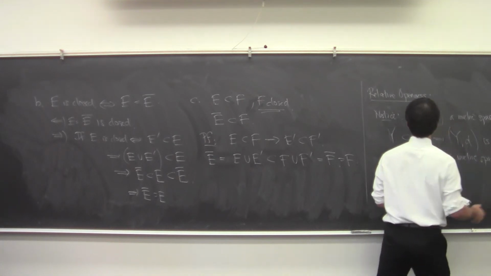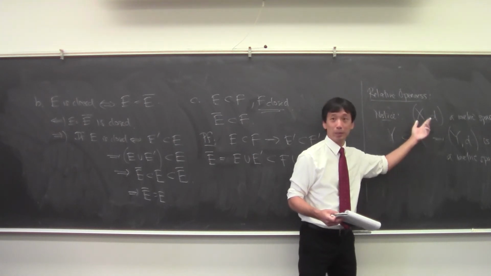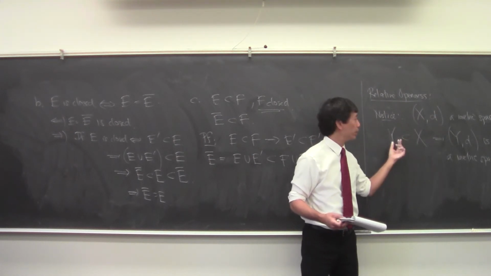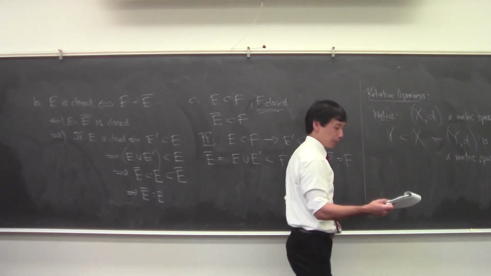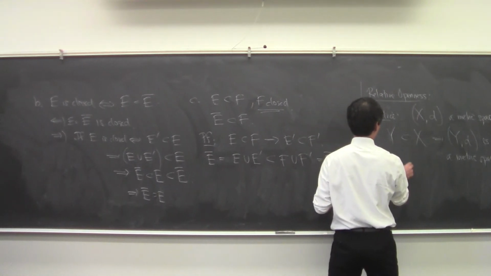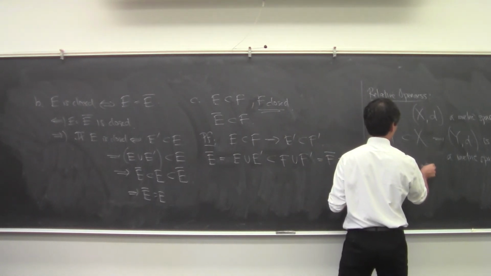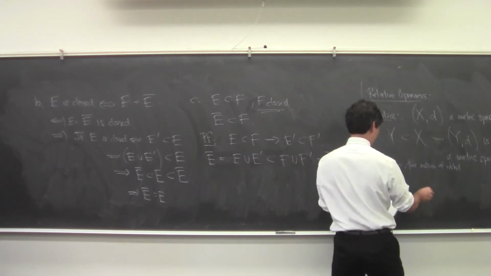If you use the metric from the ambient space, it's still going to be a metric. So your Y with that metric is still going to be a metric space. However, the notion of neighborhood may change.